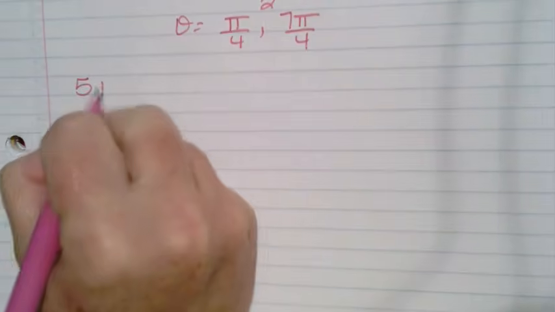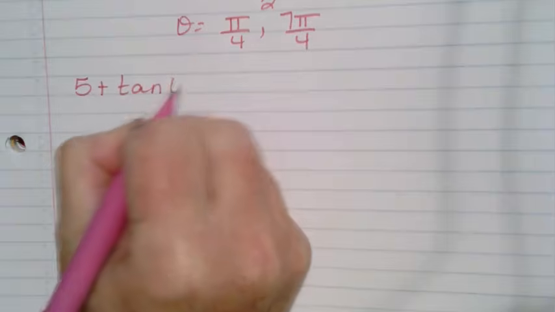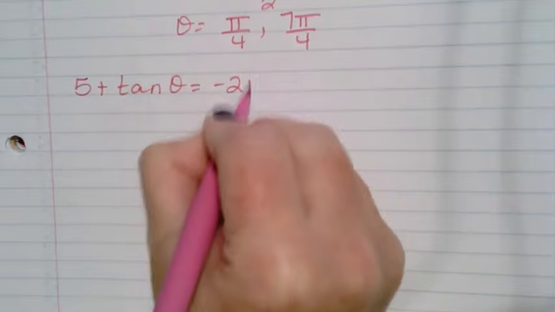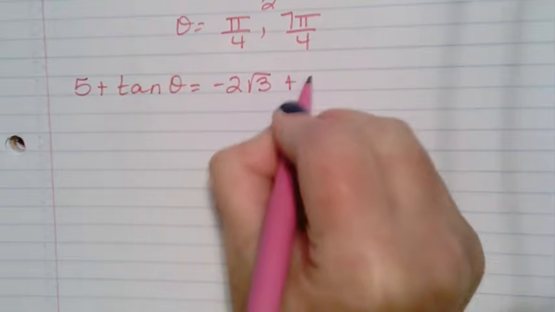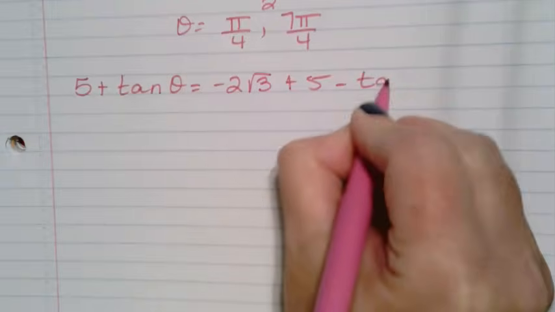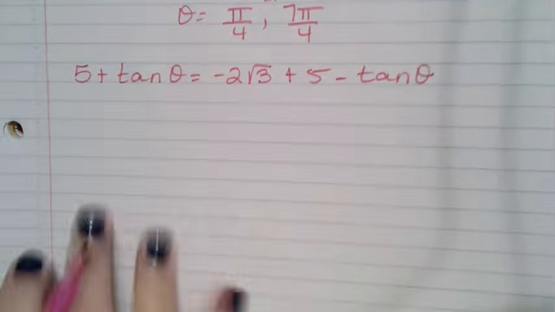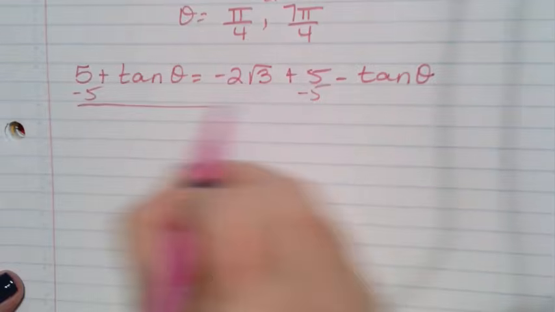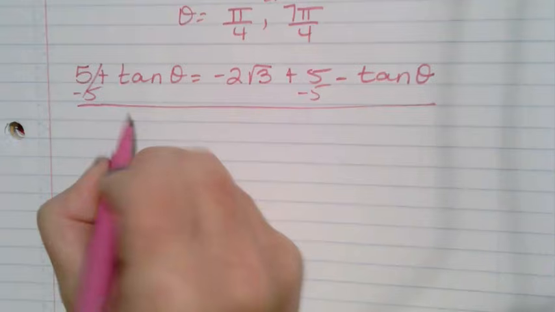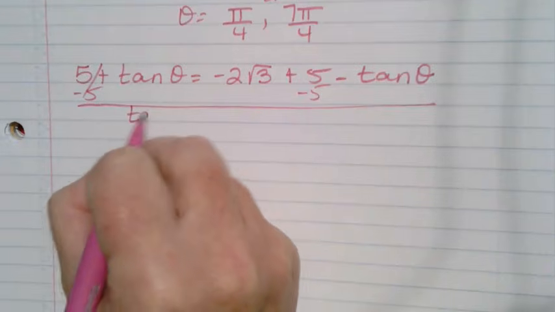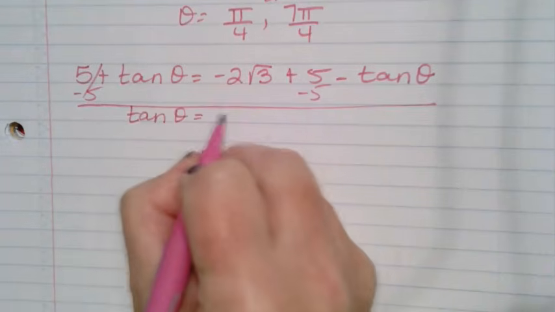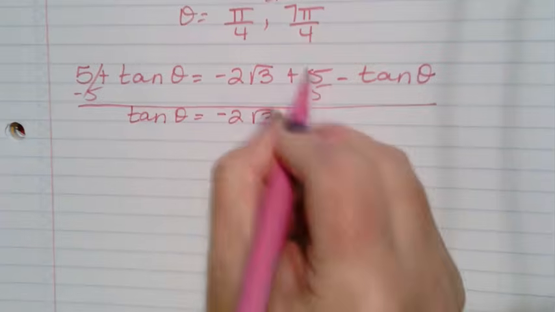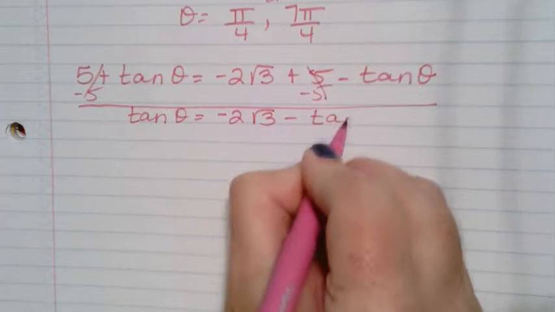Last one for this number. So we get 5 plus tangent theta equals negative 2 square root 3 plus 5 minus tangent theta. Subtract 5 from both sides, and we get tangent theta equals negative 2 square root 3 minus tangent theta.